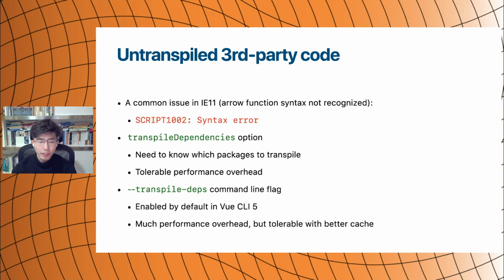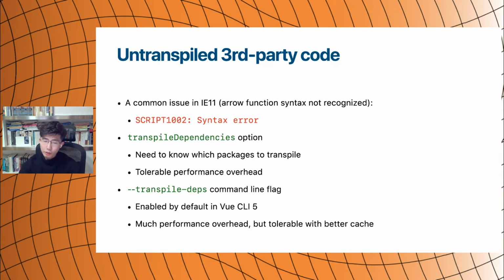This feature will bring much performance overhead compared with only transpiling selected dependencies, and your build speed will be slowed. But as Vue CLI 5 comes with Webpack 5 and has a better caching mechanism, we consider the performance overhead would be tolerable later with the consistent file system caching.